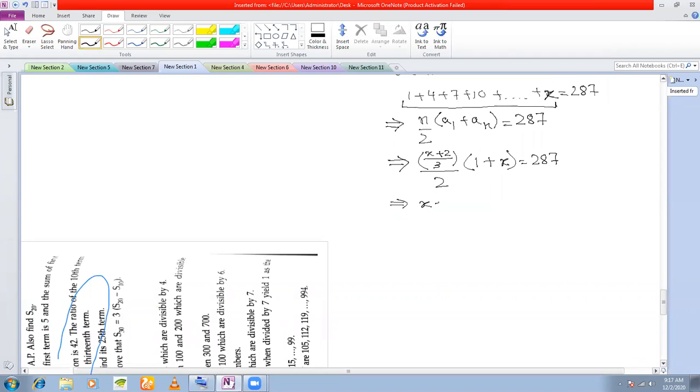So we have x plus 2 by 6 into 1 plus x is equal to 287. So you'll get a quadratic actually. So you get x plus 1 into x plus 2 is equal to 287 into 6.